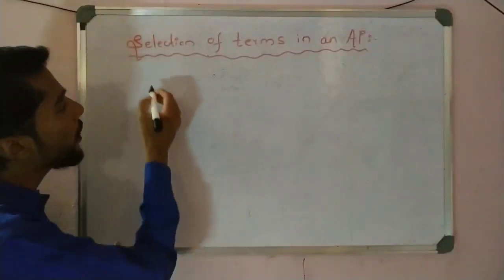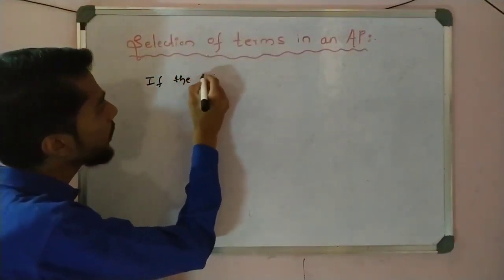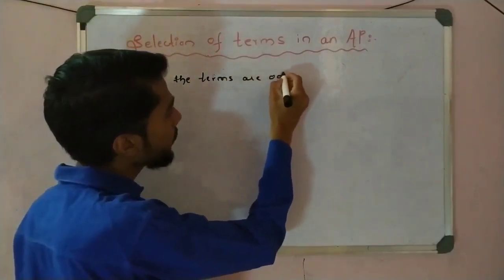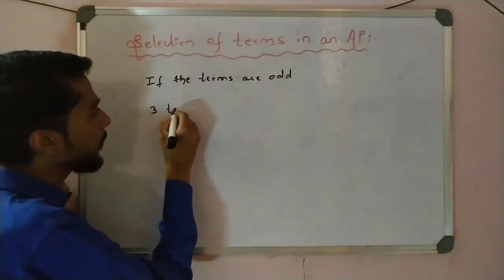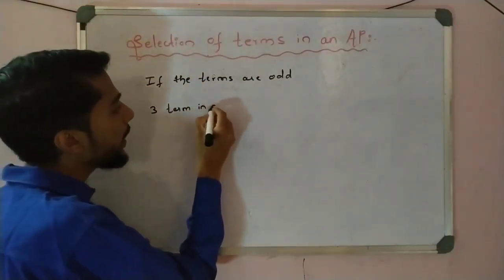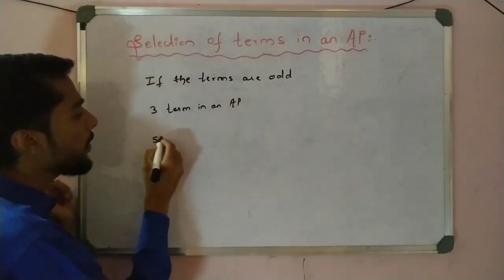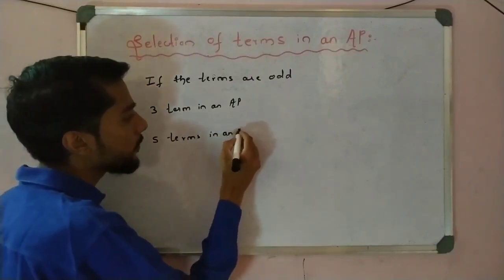If the terms are odd, meaning there are 3 terms in an AP, or 5 terms in an AP.